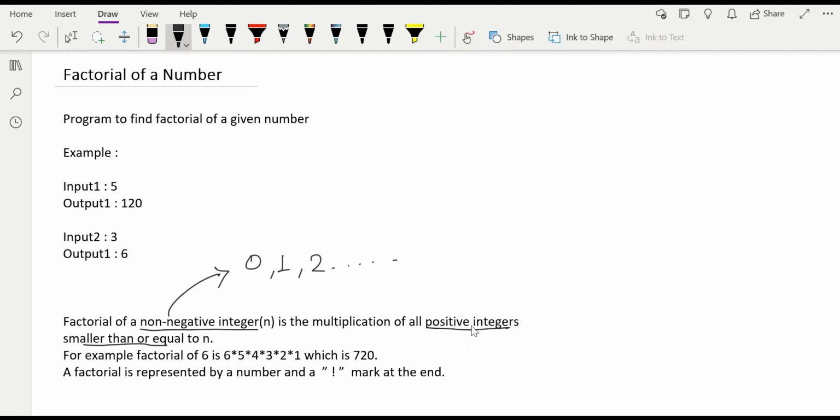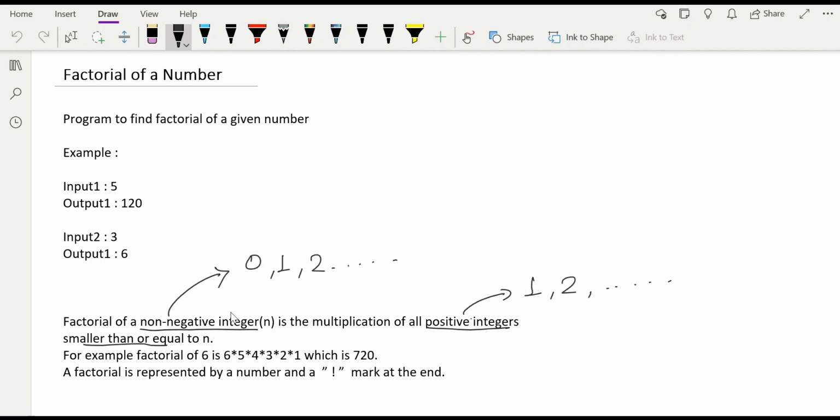But for positive integers, we have to consider from 1 and 2 and so on. Okay, we do not consider 0 as a positive integer, but we consider 0 as a non-negative integer. This is the simple difference: non-negative integers start from 0 and positive integers start from 1.